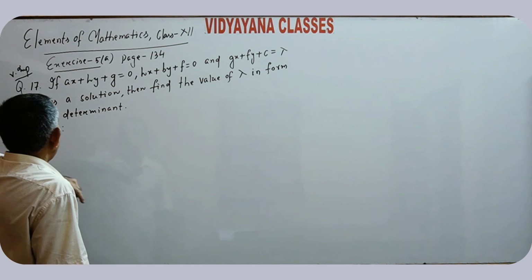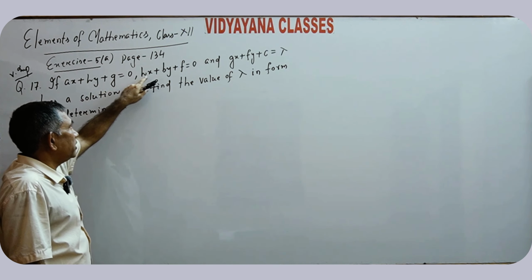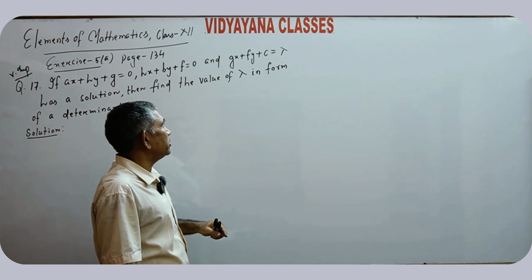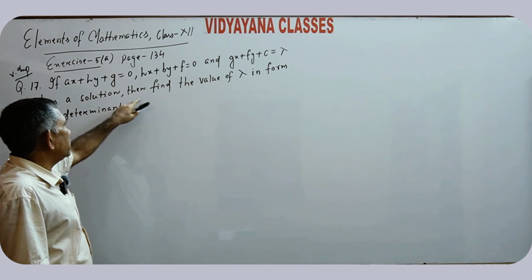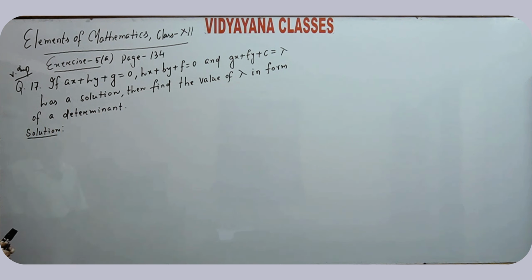Question number 17. If ax plus hy plus g is equal to 0, hx plus by plus f equal to 0 and gx plus fy plus c is equal to lambda has a solution, then find the value of lambda in the form of a determinant.